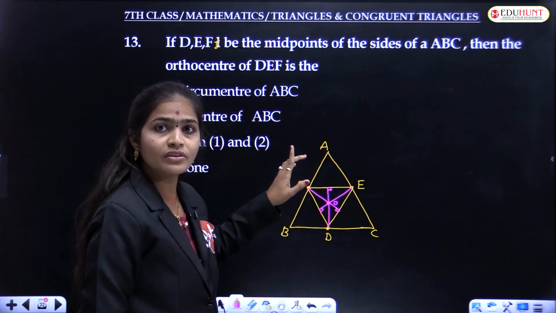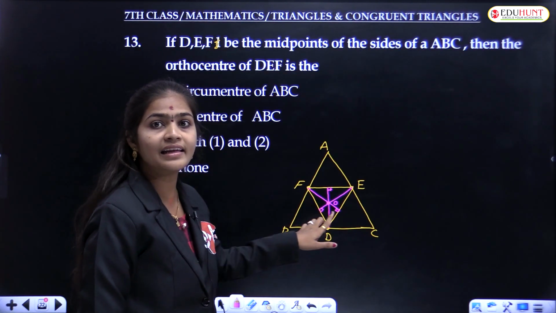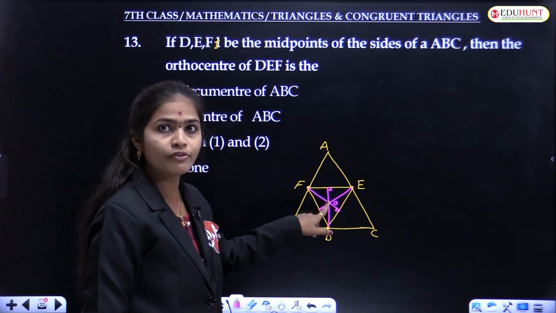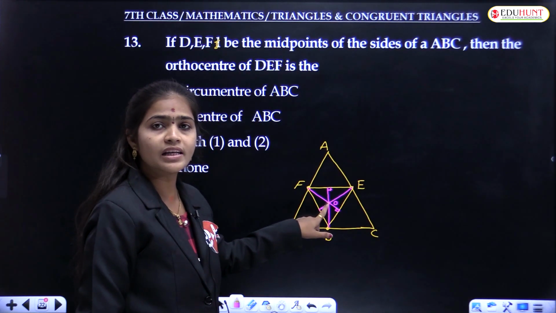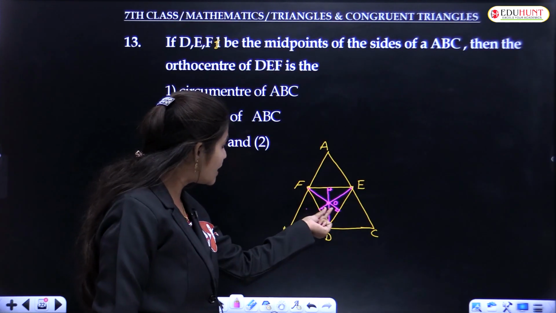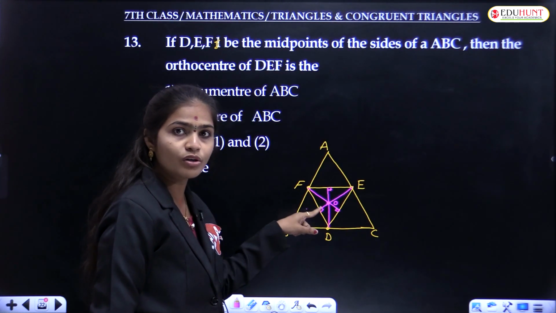So when you observe the same point in the triangle ABC, actually this is the point of concurrence of altitudes. So we will call that the orthocenter of the triangle DEF. Observe the same orthocenter in the complete triangle. What will we call this one?